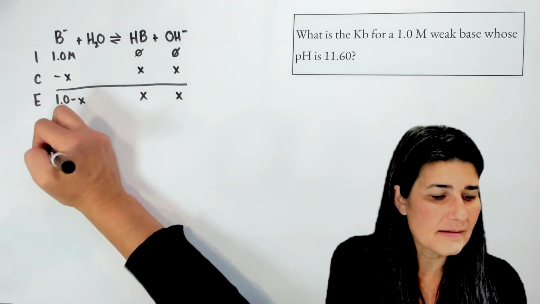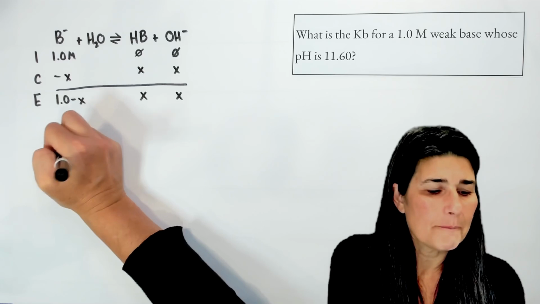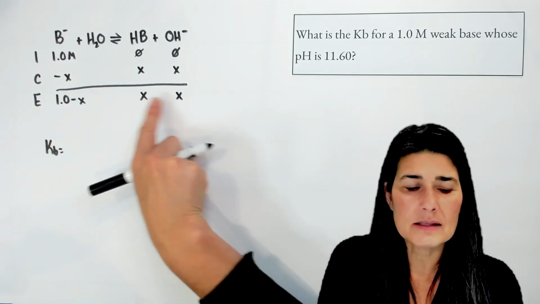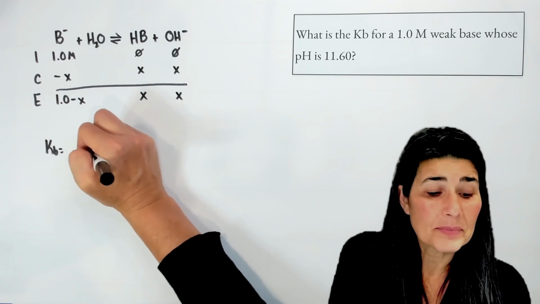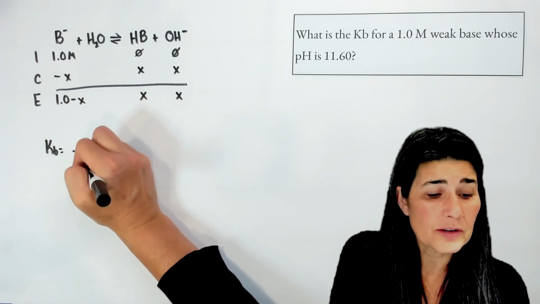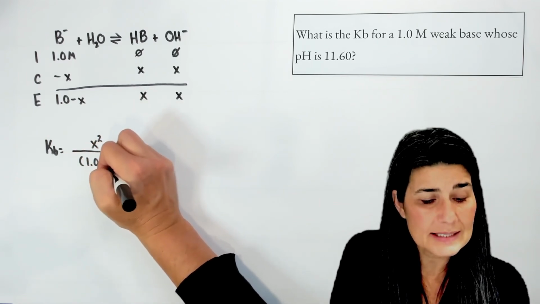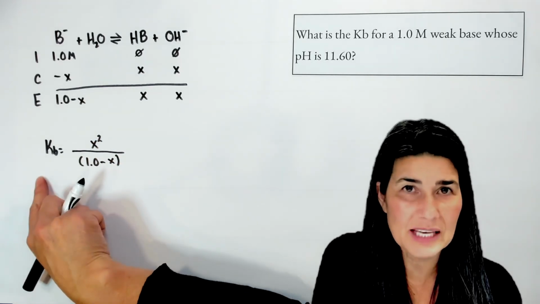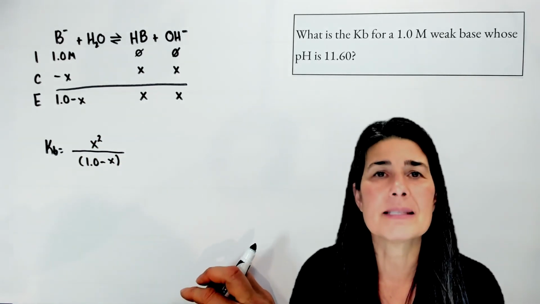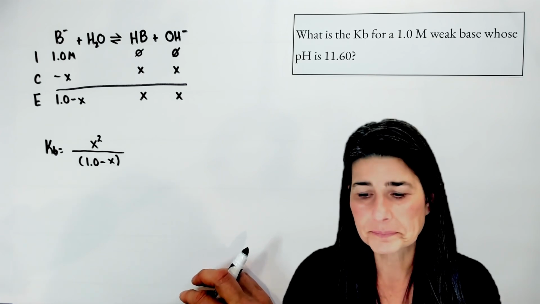I know that the Kb will be the products over the reactants. In the end, it's going to be X squared all over 1.0 minus X. But I don't know what X is, and I don't know what Kb is. So there must be some other information in the problem.